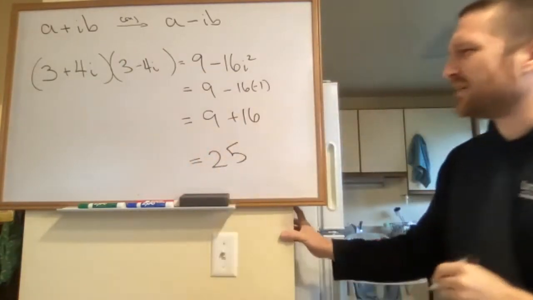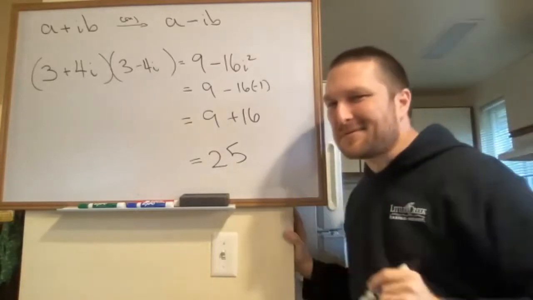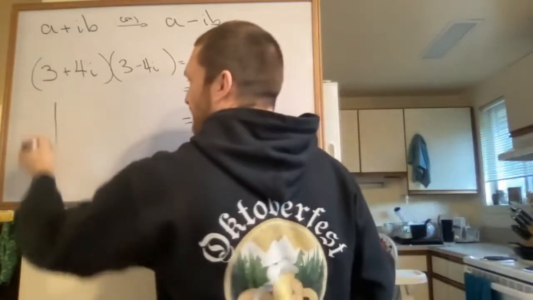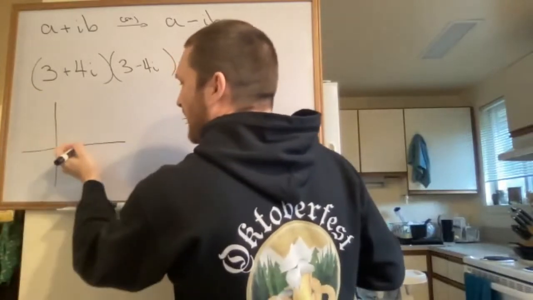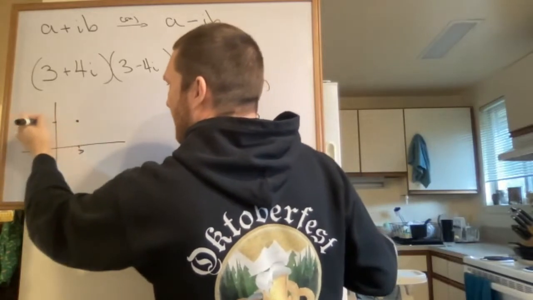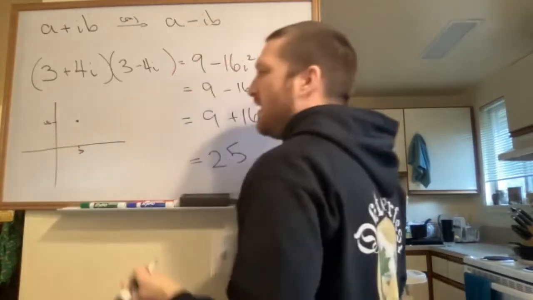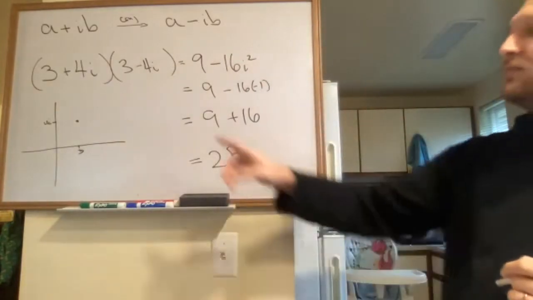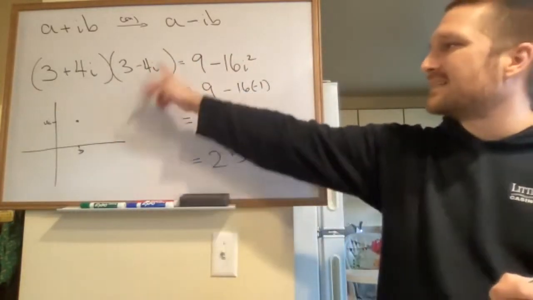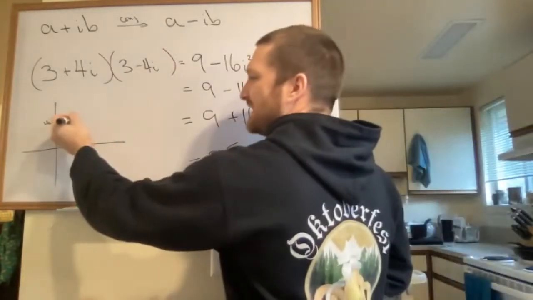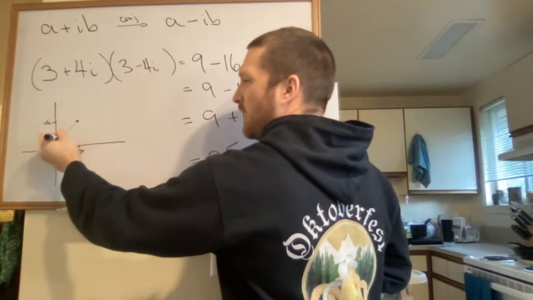Does this look familiar? Do these numbers look familiar to you? It's like what we've been doing this whole class, right? If you have the number 3 plus 4i, then that's that point right there. And it turns out that if you multiply it by its conjugate, it gives you the distance squared.